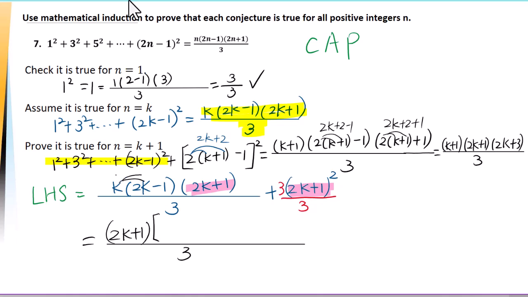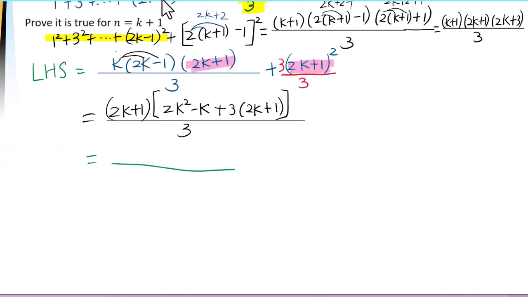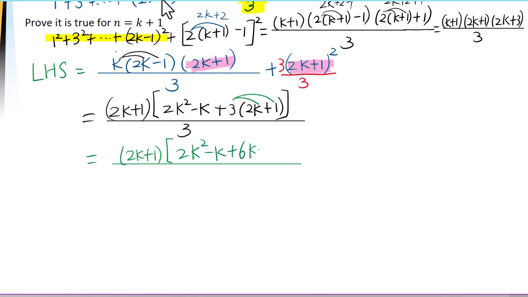Then do the distributive property here: 2k squared minus k plus 3 times 2k plus 1, equals 2k plus 1 times 2k squared minus k plus 6k plus 3 over 3.